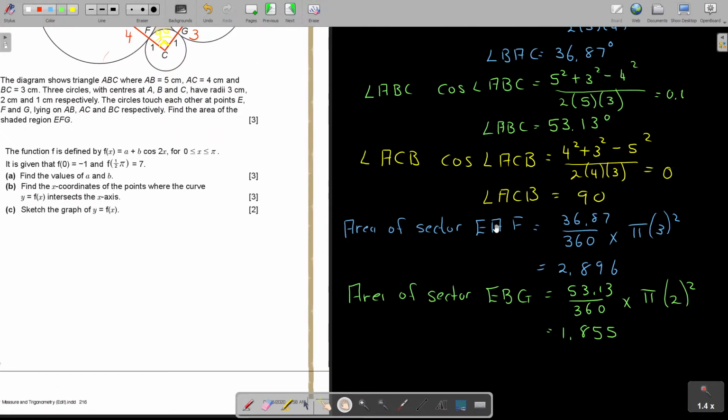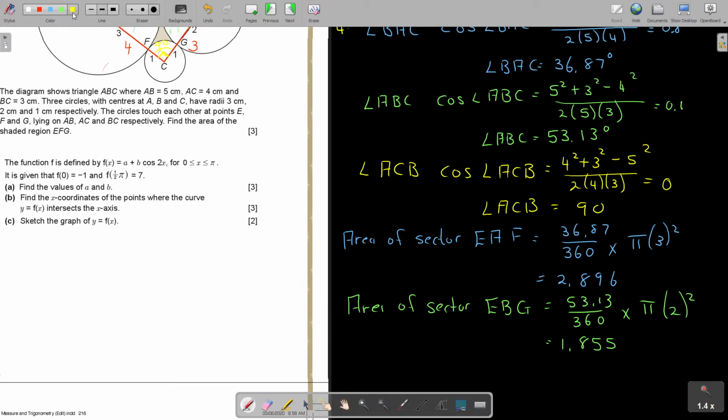Now I'm going to go for my area, the yellow one, a little bit lower. So area of sector, and now it's going to be CFG.